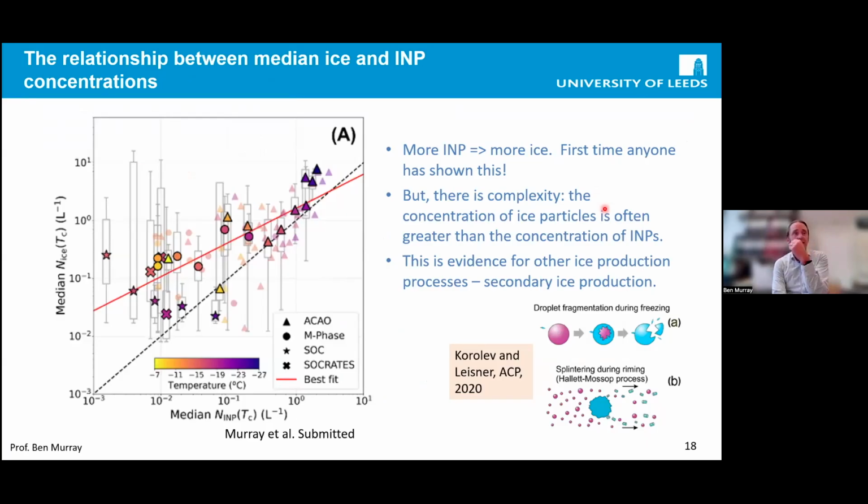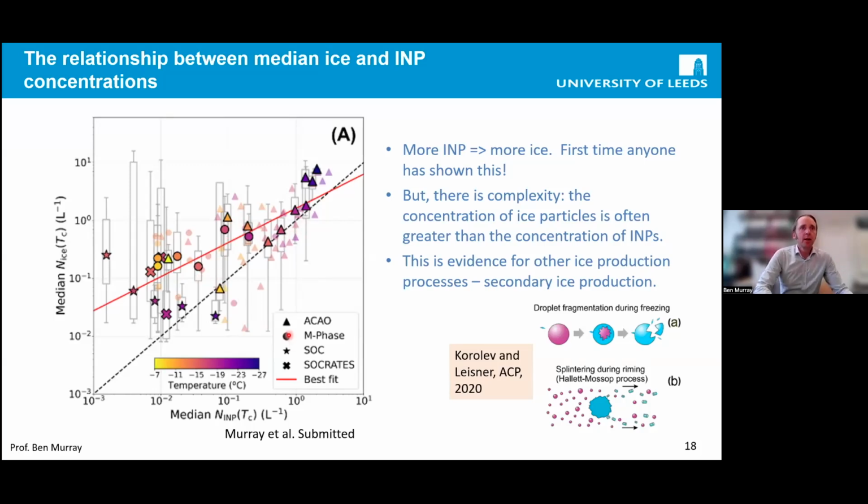So now we've plotted this data in a slightly different way. We've plotted the median INP concentration and the median ice concentration. Individual flights are the slightly translucent points in the background, and then we've got average values for the two campaigns binned into temperatures.